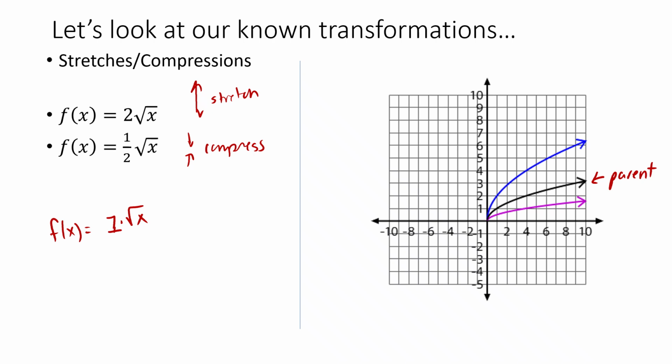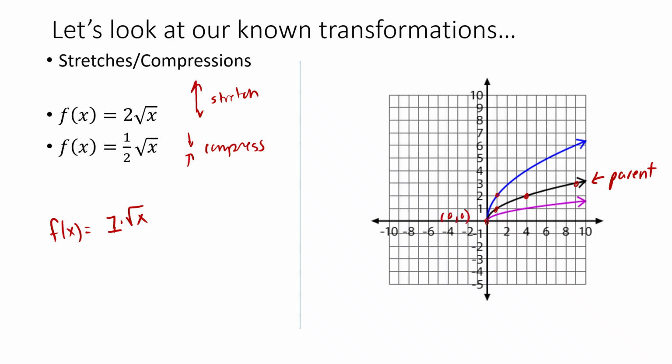So you can follow, like we've got the point 1, 1, we've got the point 4, 2, we've got the point 9, 3 right there. And this one is multiplying it by 2. What might be interesting to look at is you can see how the y coordinates get multiplied by 2. All of those start at the origin 0, 0.